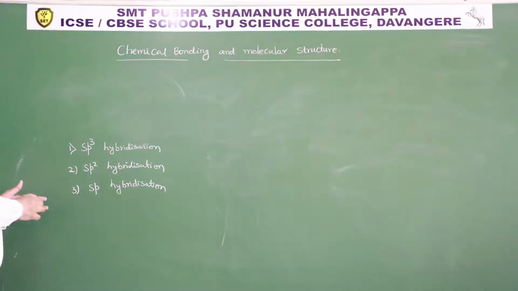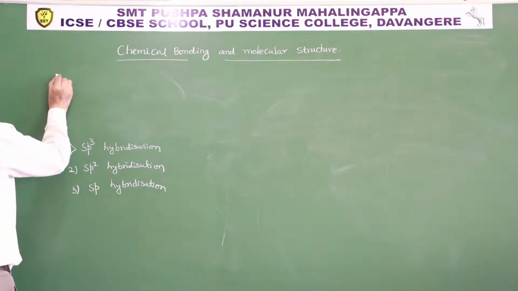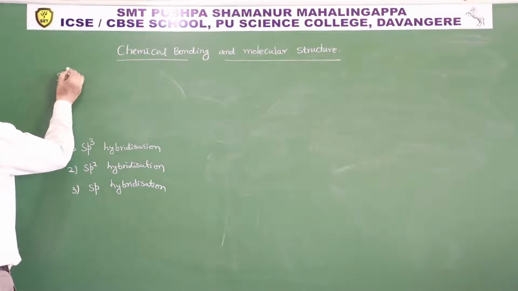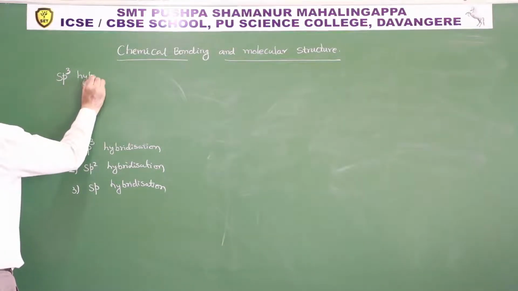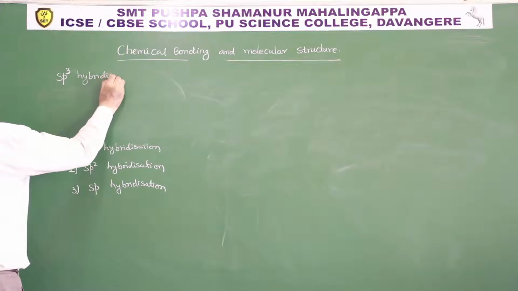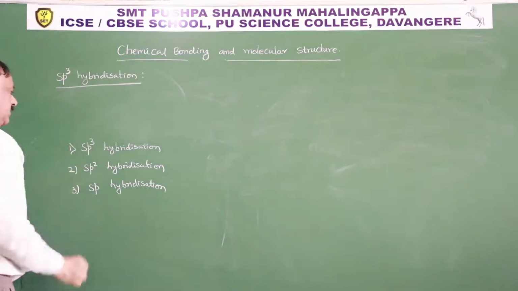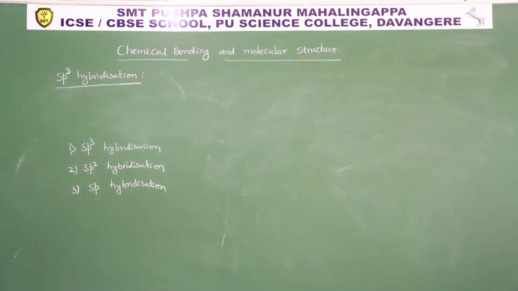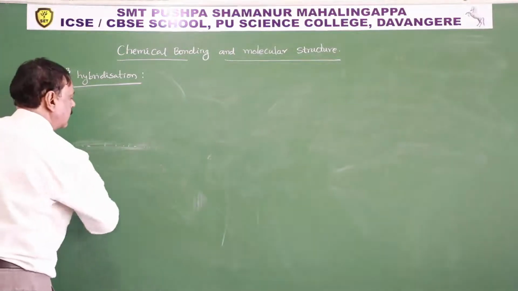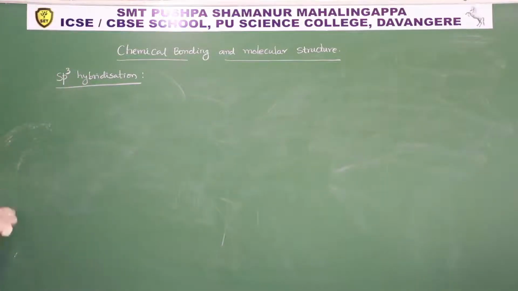Now what do you mean by sp3 hybridization? Here how many s atomic orbitals are there?